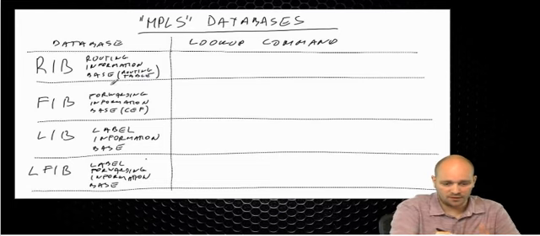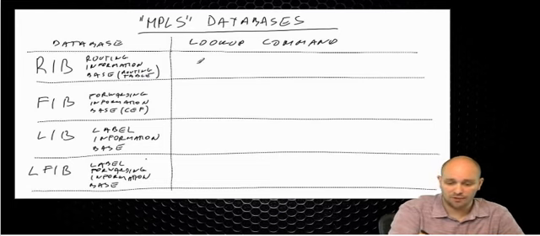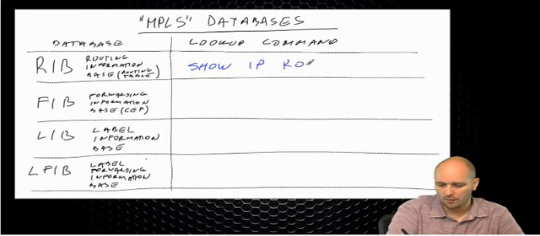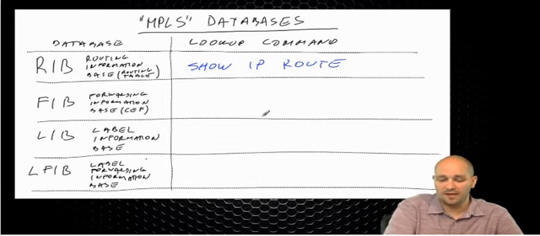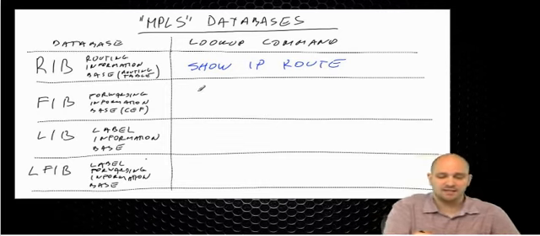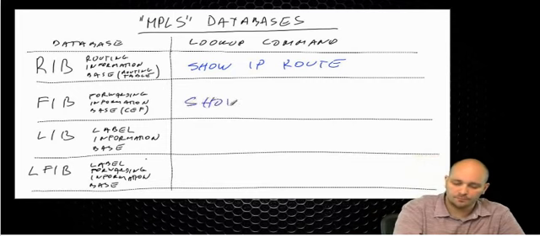The command to look up the information in the RIB is, of course, show ip route. To look at the information in the FIB, if we are dealing with CEF as the FIB, which is most likely the case, it is show ip cef.